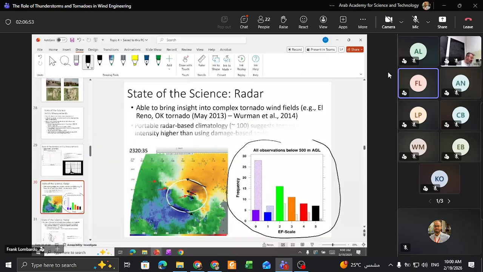The hatched histogram is from the EF scale rating for the same set of tornadoes, and the dark, solid color histogram is from estimates from the radar itself. So you can see a distinct difference between a damage-based estimate of the wind speed and a radar-based estimate of the wind speed. So there will be a method to estimate wind speeds with radar.